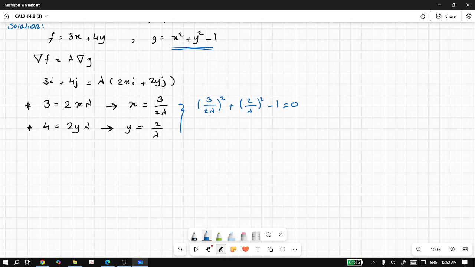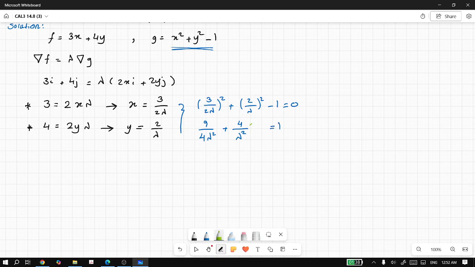We know that the condition of Lagrange multipliers is that g of xy here is equal to 0. So from here we get 9 over 4 lambda squared plus 4 over lambda squared is equal to 1. I'm putting the 1 on the other side.